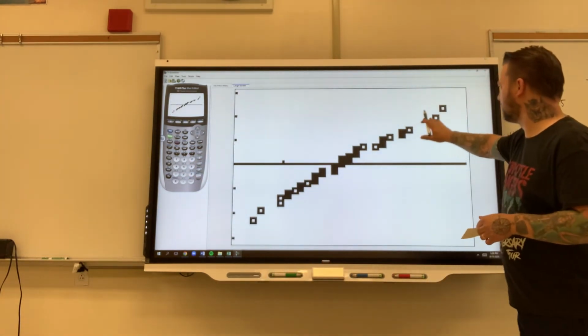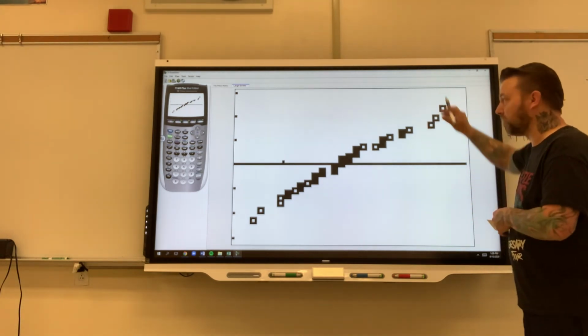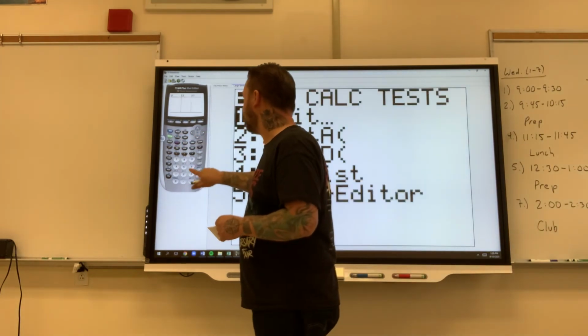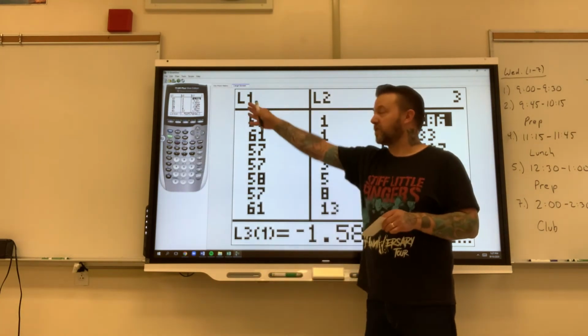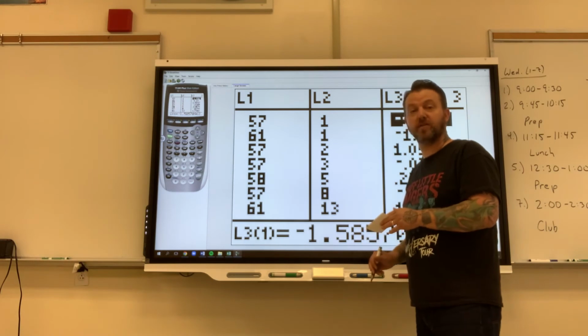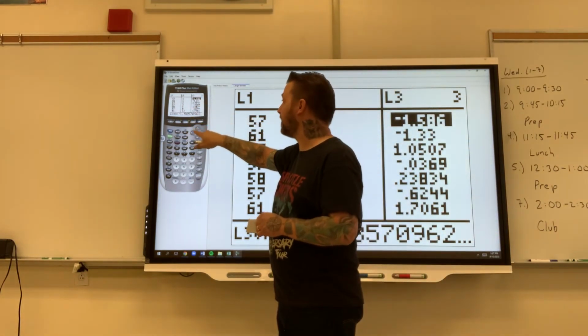So it's a little bit, and remember there was a little bit of a skew at the end. That's showing up there. Now, my L3. What I did here was I took 100 random numbers from a normal distribution with mean 0, standard deviation 1.